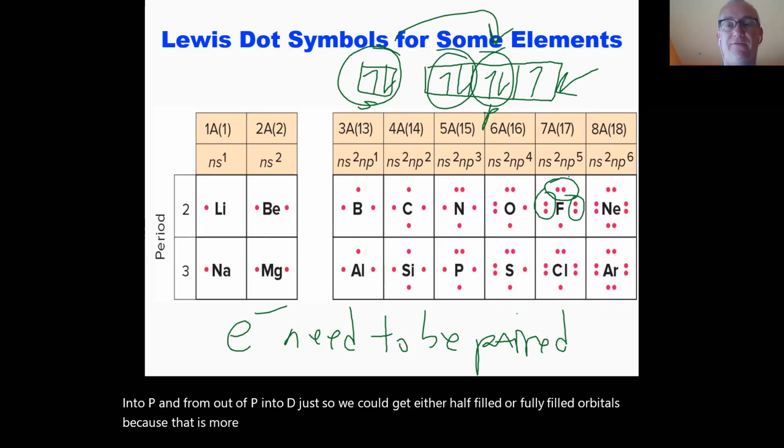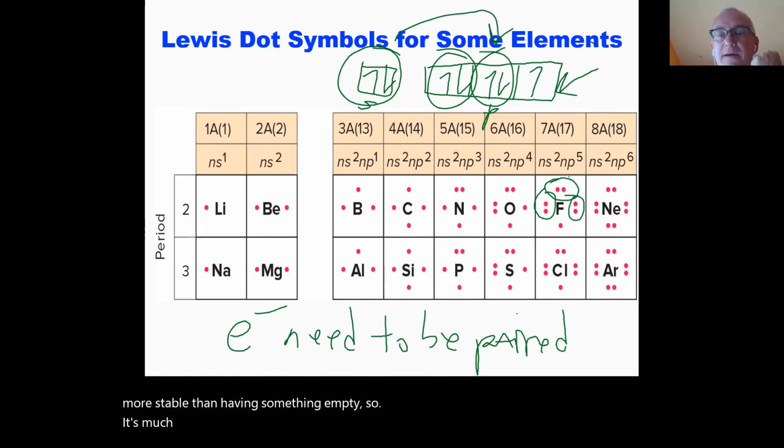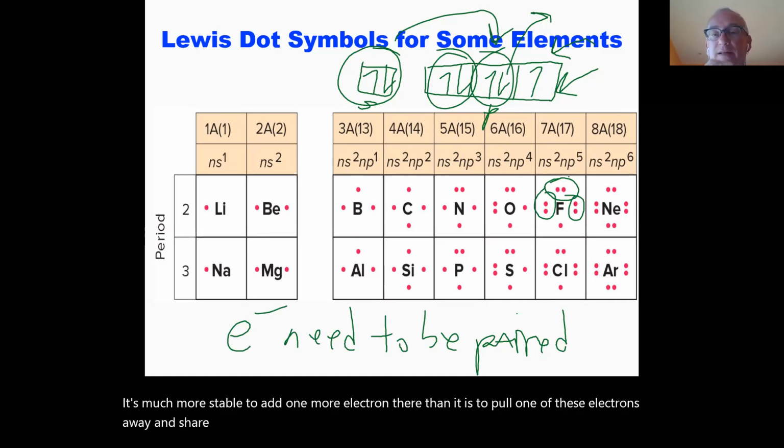Anytime you can completely fill an orbital or half-fill an orbital, that's more stable than having something empty. So it's much more stable to add one more electron there than it is to pull one of these electrons away and share it with somebody else. So basically, paired electrons do not get shared, okay? Does that make sense?